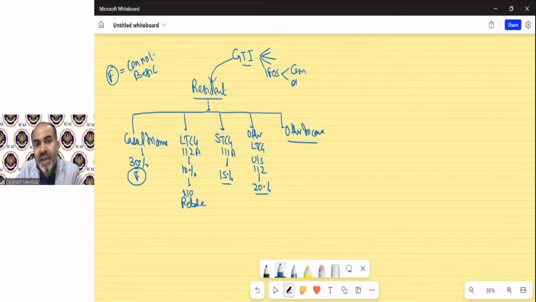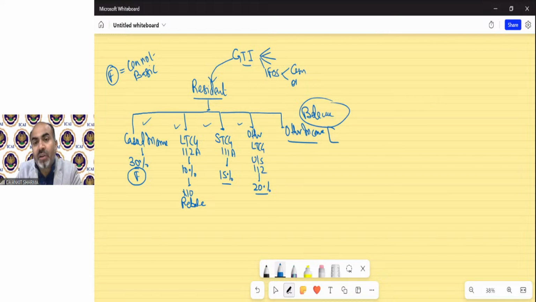Out of the GTI, you have to separate casual income, long-term 112A, short-term 111A, other long-term. The balance will be other income. It is not income from other sources, it's the balance out of GTI.